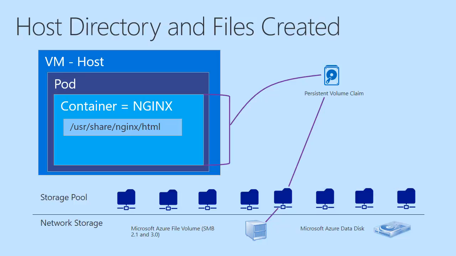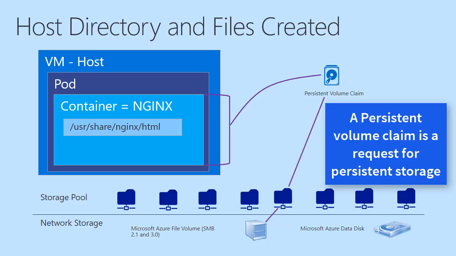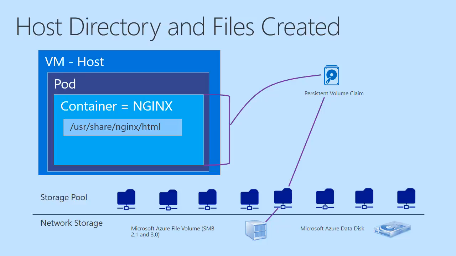The examples here are an Azure file volume or an Azure managed disk or data disk, and make that available through this big storage pool which administrators put together. From there, application developers of pods and containers, when they need a data store, can create a persistent volume claim, which is a request from the storage pool to provide some storage mechanisms for an application.